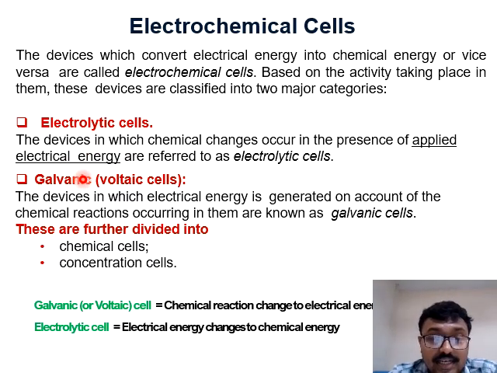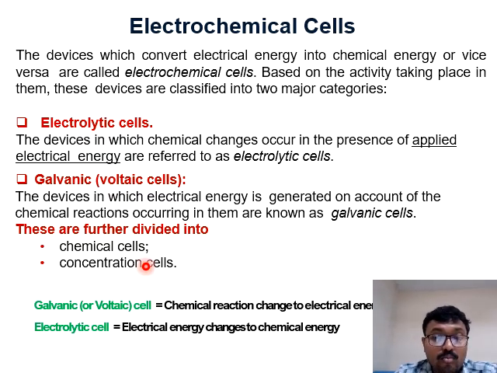In a galvanic cell, electrical energy is produced because of the chemical reaction occurring in the cell. Since electricity is produced, a galvanic cell is also called a voltaic cell. A voltaic or galvanic cell can be divided into two types: one is called chemical cell, another is called concentration cell.